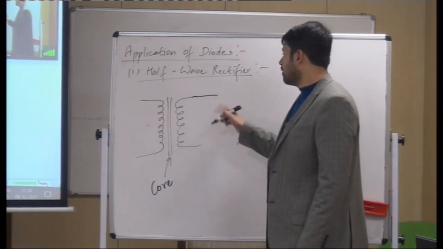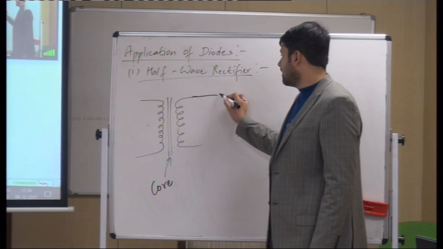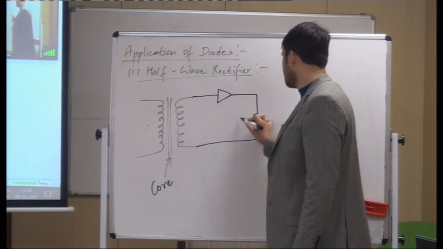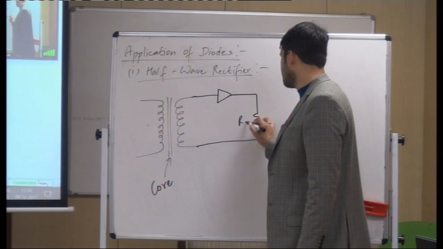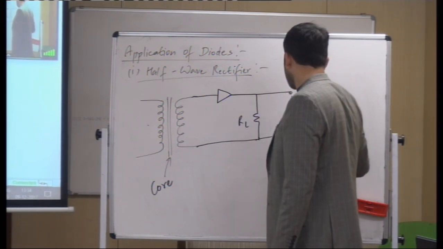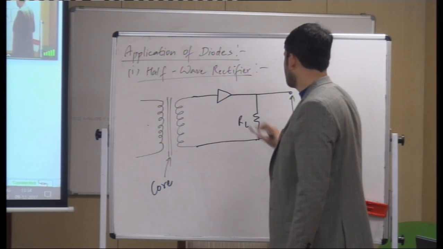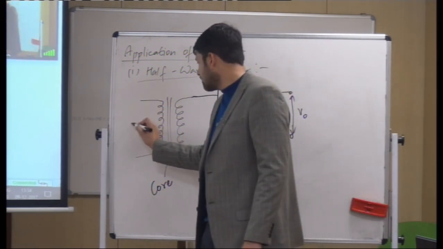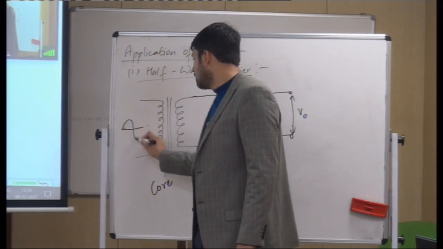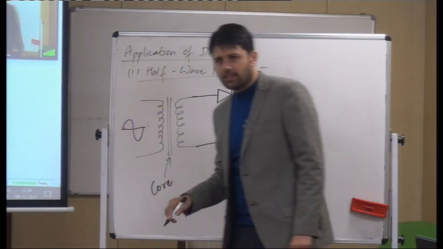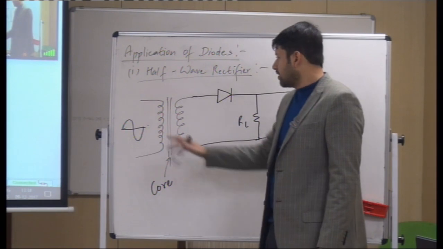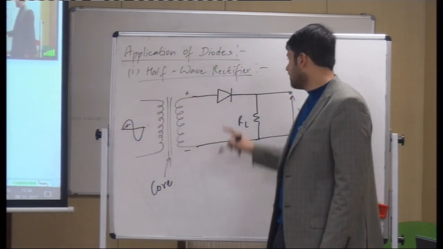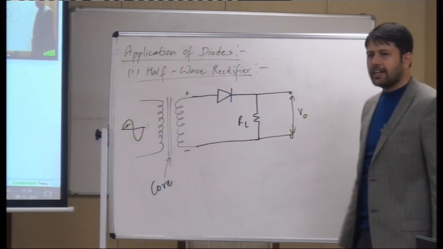So now this is your diode. This is the load resistance, and the output is taken across the load resistance. Let's discuss what happens. Let's say a sine wave comes. When a positive cycle comes, this becomes positive, this becomes negative. Obviously, this would conduct, right?